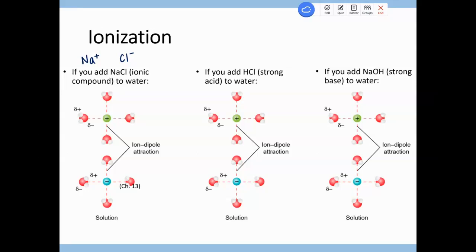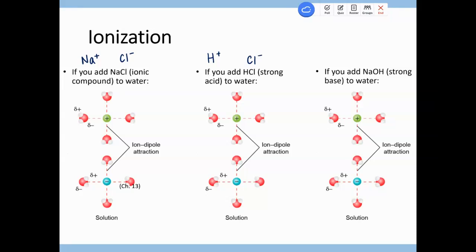The same thing happens when you have a strong acid added to solution. We have a list of strong acids that we'll get to. One of them is HCl, hydrogen chloride. When HCl is added to solution, it completely dissociates into H+ and Cl-. It's not an ionic compound because we don't have a metal and a nonmetal.